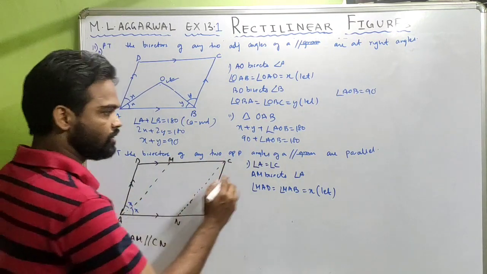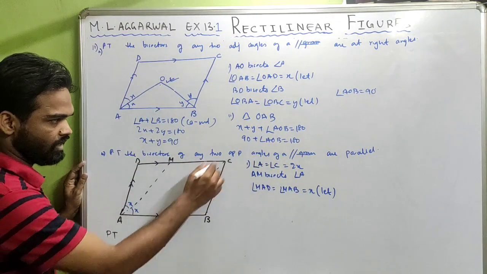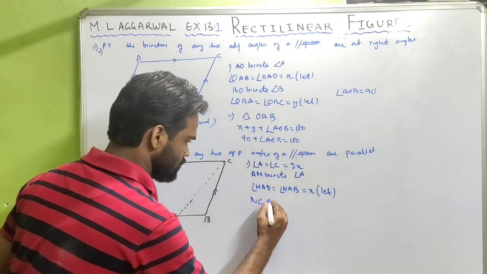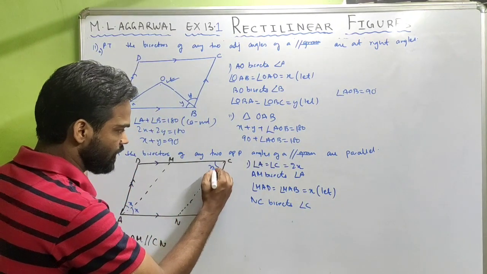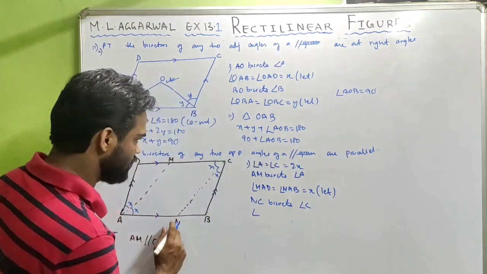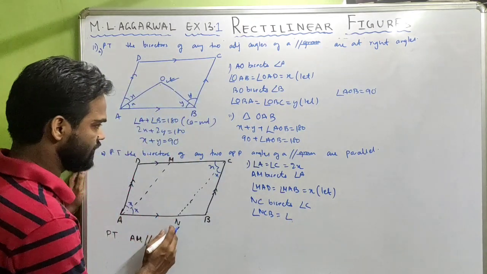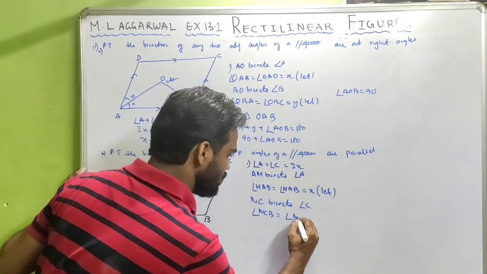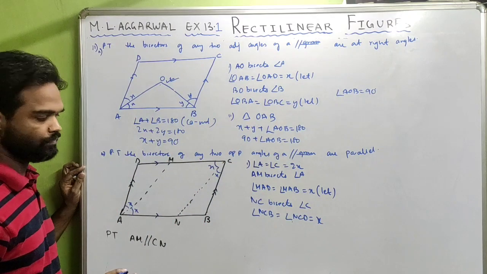Opposite angles are equal. And NC bisects angle C, which means this will be X and this will be X, because the entire angle is 2X, which means angle NCB is equal to angle NCD is equal to X. Am I clear or not?